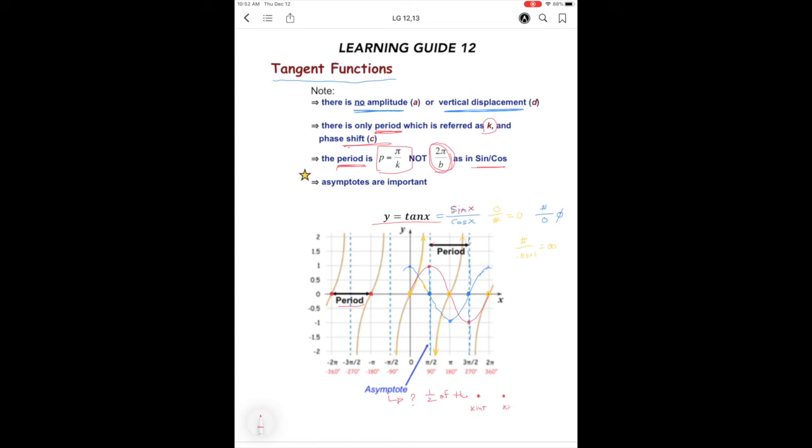So this x-intercept and this x-intercept. If I go halfway, right there, that's what becomes the asymptote. So remember, it's halfway between the dots.